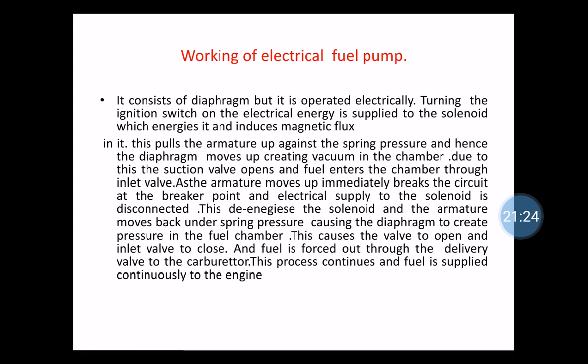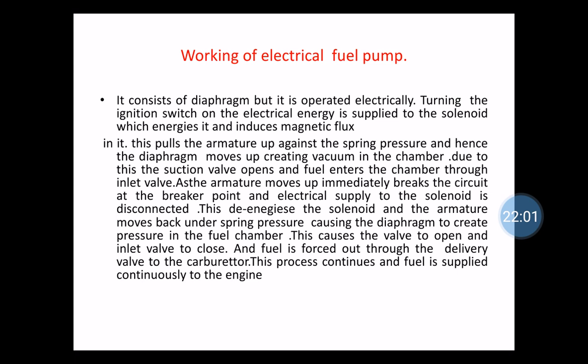As the armature is pulled up by the solenoid, at the other end the breaker points are disconnected, meaning electricity to the solenoid is cut off. This disconnection de-energizes the solenoid and the armature moves back under spring pressure in the downward direction.